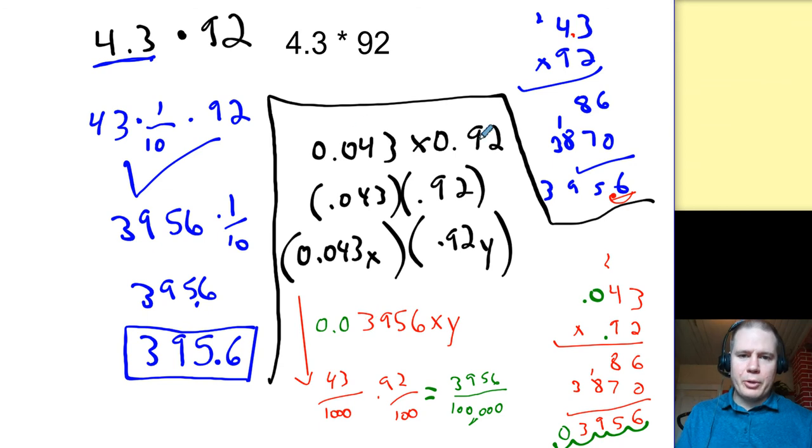So our product without the variables, 0.03956. Or if we want to put an extra 0 out front there, either of those are correct. If I include times x times y, if that's my problem, that's my answer.